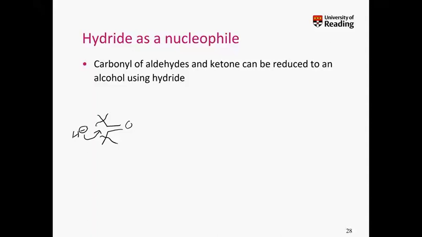If we form a new bond there, the carbon would have 5 bonds. We need to do something about that, so we're going to break a bond. In this case, we're going to break the carbon-oxygen double bond. That's exactly the same as we've been looking at before. What that will give us is O-.